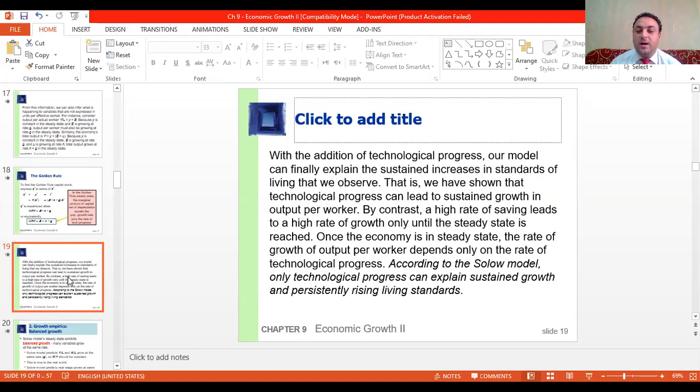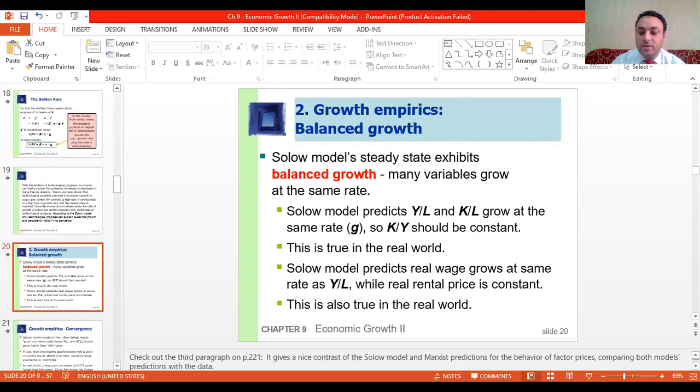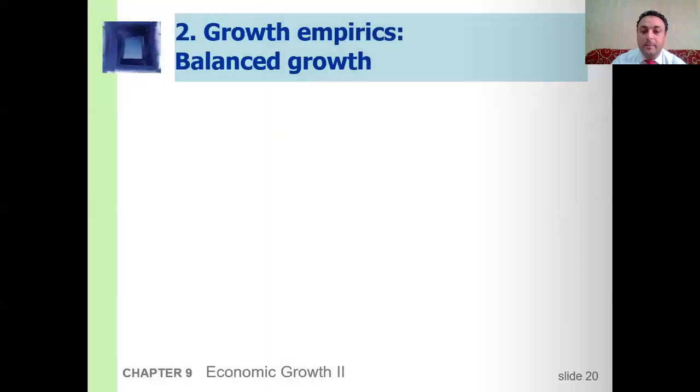By contrast, a high rate of saving leads to a high rate of growth only until the steady state is reached. Once the economy is in the steady state, the rate of growth depends only on the rate of technological progress. According to the Solow model, only technological progress can explain sustained growth and persistently rising living standards. So let's move to the next topic.